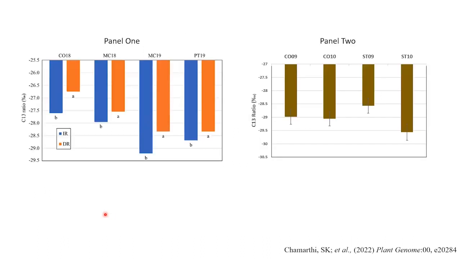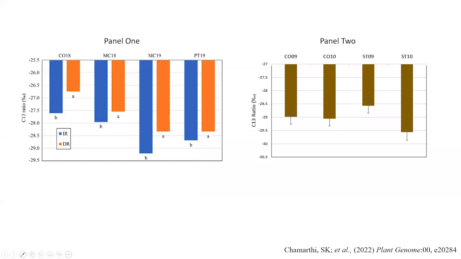So C13 ratio varied considerably on a location basis. On the left, we've got panel 1. On the right, we have panel 2. Blue indicates the irrigated treatment, and this orange indicates the drought. This brown color, it was not a split plot design, so this was just irrigated.